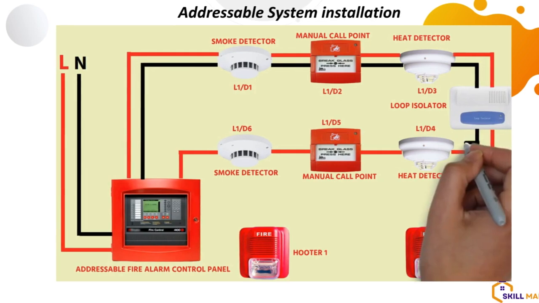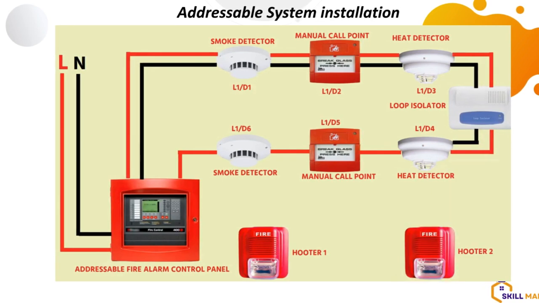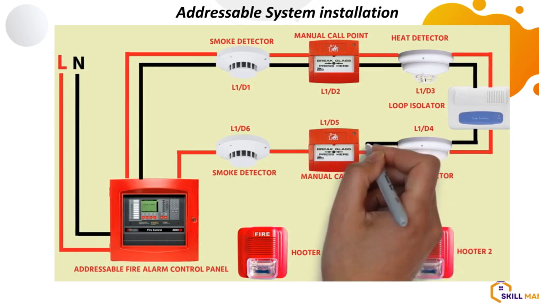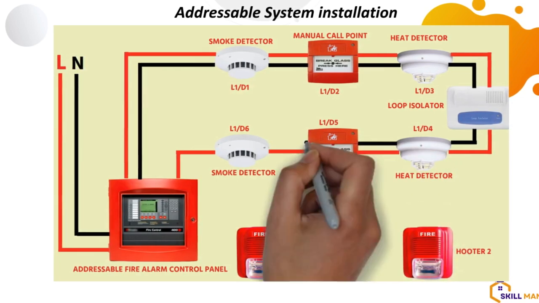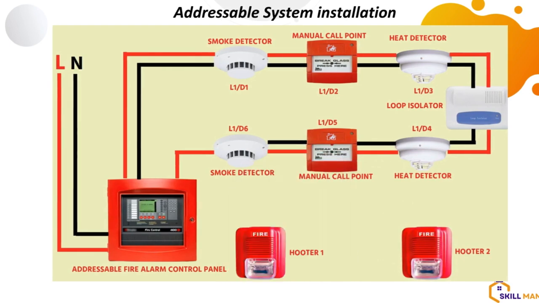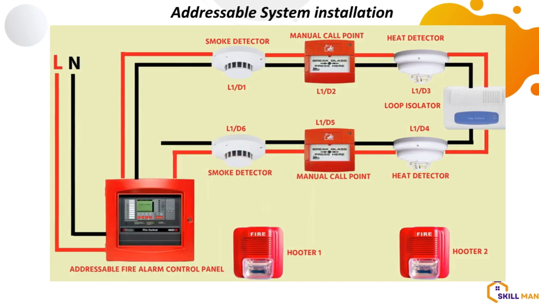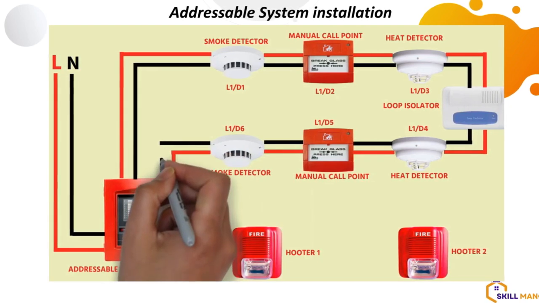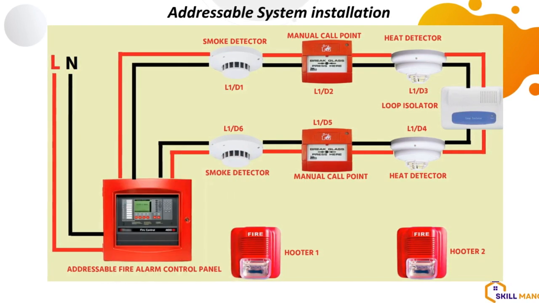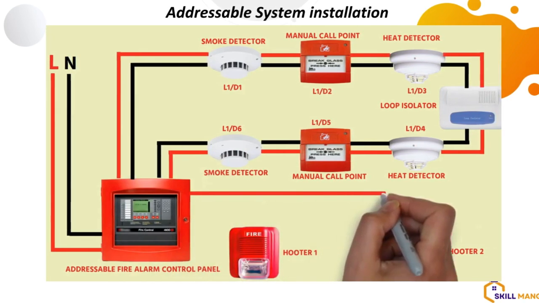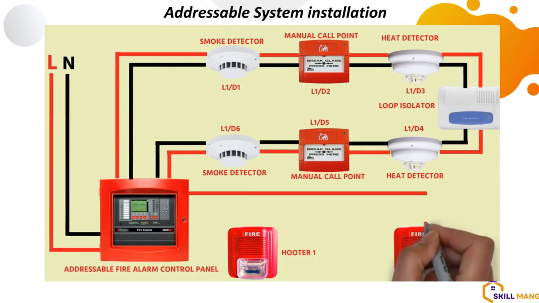For conventional, we use end of line resistor. But for addressable, you have to activate and use your isolator. So when you're planning your addressable installation of system, you have to envisage or plan for loop isolator. It's a very important device. Some people will argue that they don't need it, but it's very dangerous.